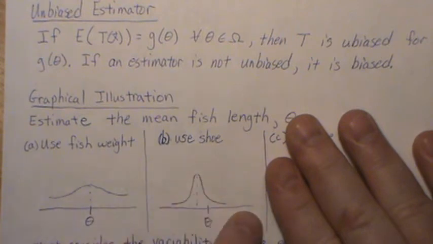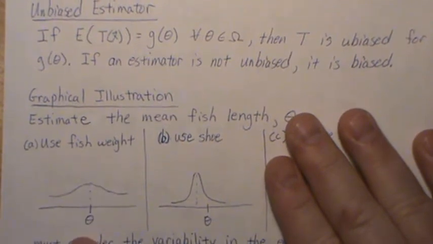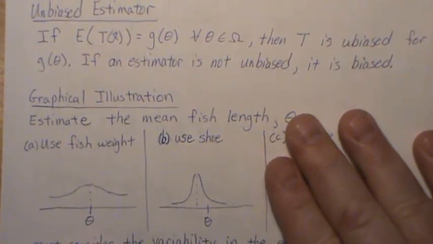So the average is less. So there's some bias there, right? But the variability is going to be less in our estimator because we're using the exact same measurement every time to measure these fish. Whereas if we use weight, we could get a short, fat fish that, based on the weight, we think is actually longer than it is, right?